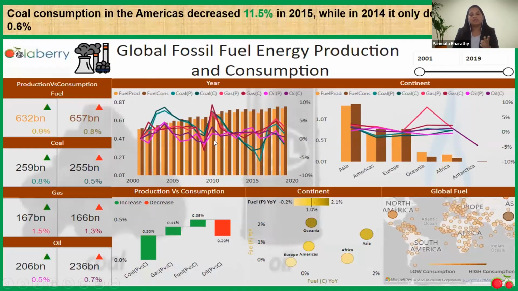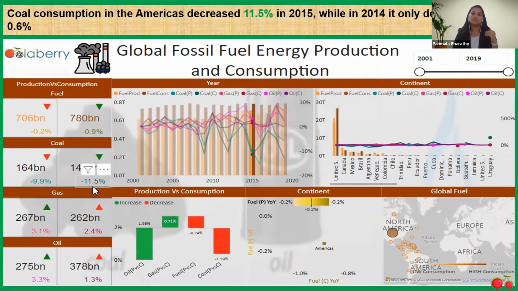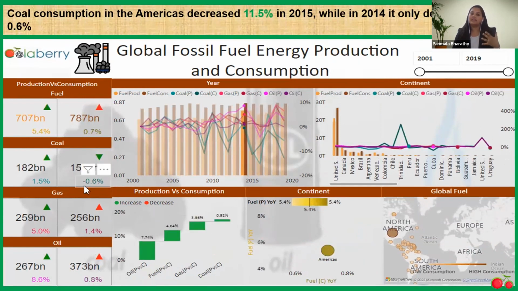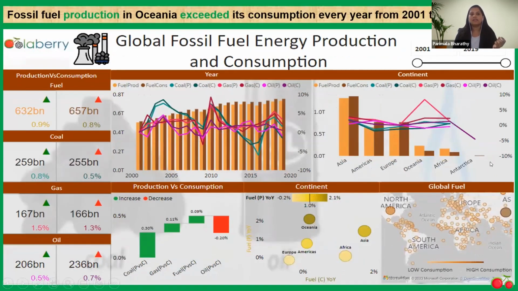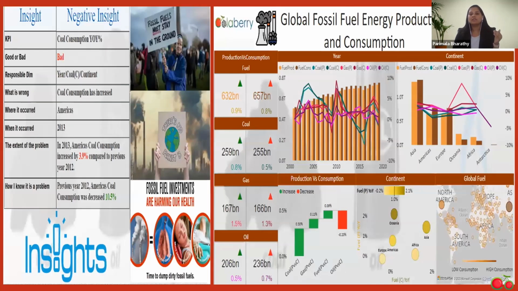My second positive insight is that coal consumption in the Americas decreased by 11.5% in the year 2015, while in 2014, it only decreased by 0.6%. My third positive insight is that fossil fuel production in the Oceania continent exceeded its consumption every year from 2001 to 2019.